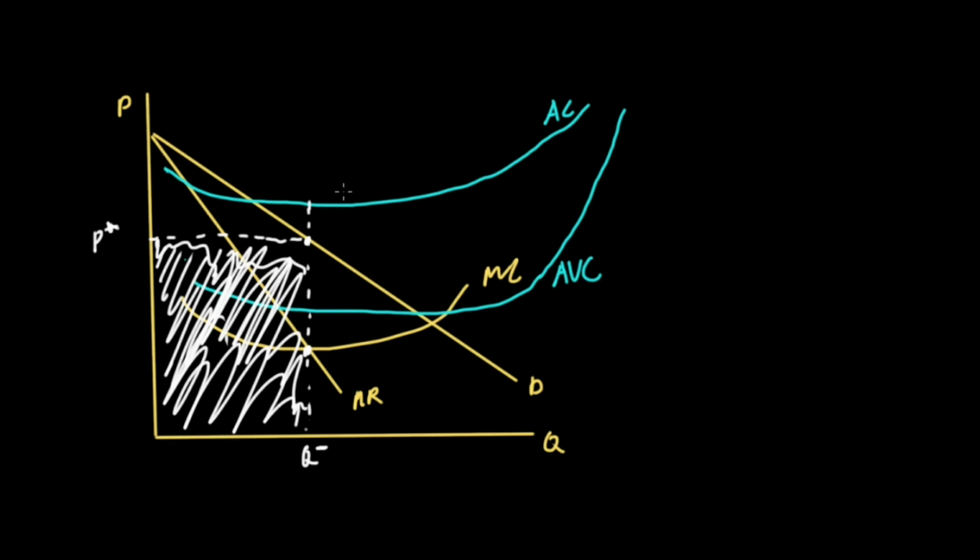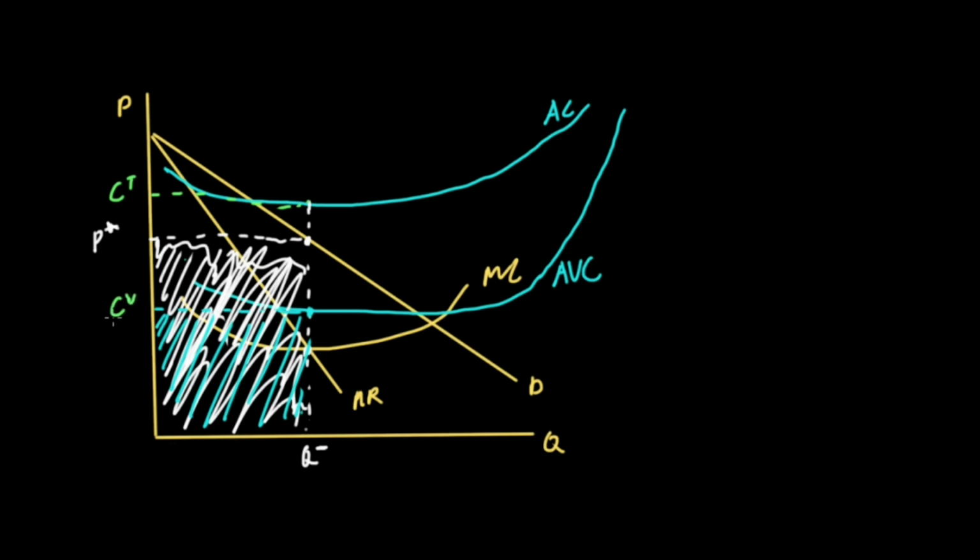And so we know that this revenue is greater than the variable cost, which is here. And so this is the variable cost. So we know that the revenue of the firm is greater than the average variable cost. However, when we look here at the average total cost, revenue is actually less than the average total cost. And so let's say that this is cost total and this is cost variable.